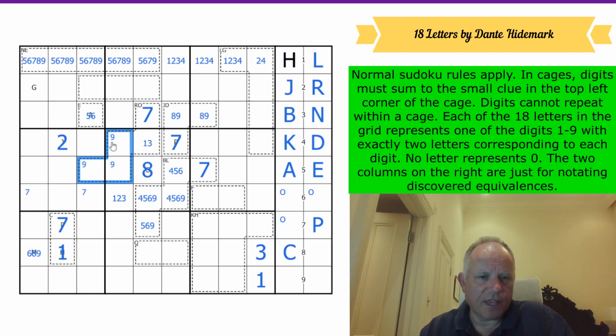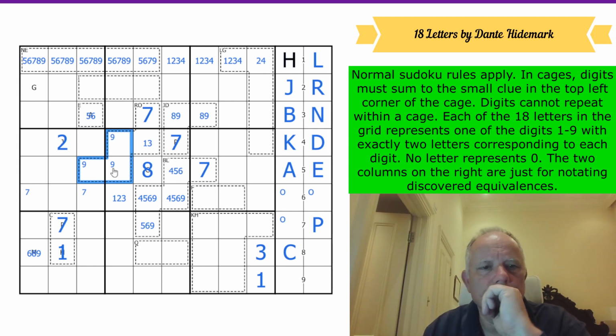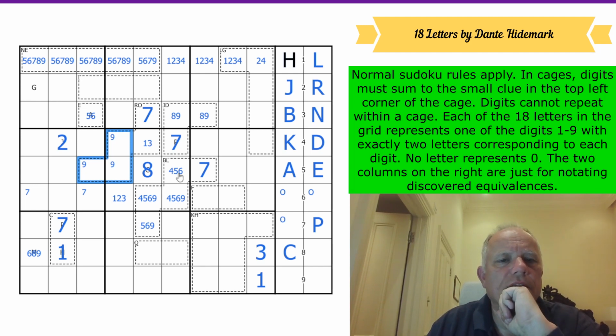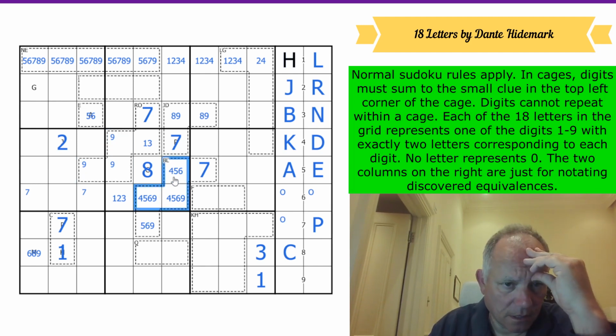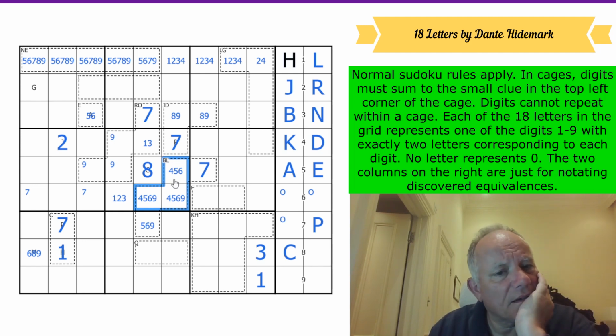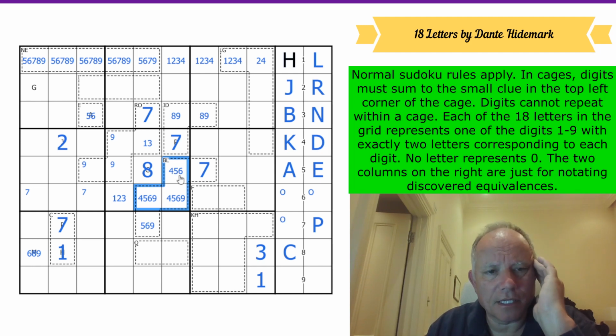But if, yeah, these cells contain either a 9 and a 6 or a 9 and a 5. Now that's going to have an impact here, isn't it? No, not necessarily. It's going to, as I said earlier, make one of them have a 4, but I don't think it defines anything else quite.